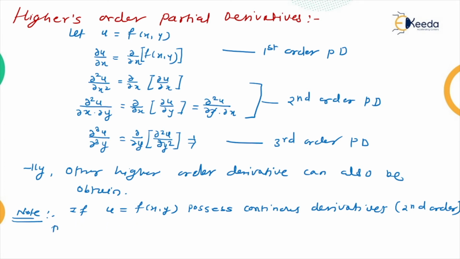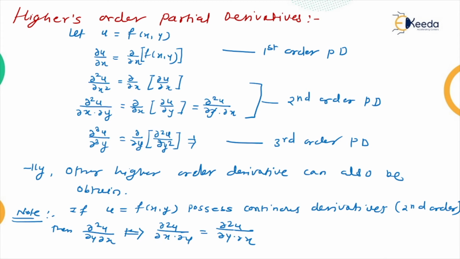Then this ∂²u upon ∂y∂x can be written as ∂²u divided by ∂x∂y, or that is equal to also ∂²u divided by ∂y∂x. Means differentiation of u with respect to first y and then x.